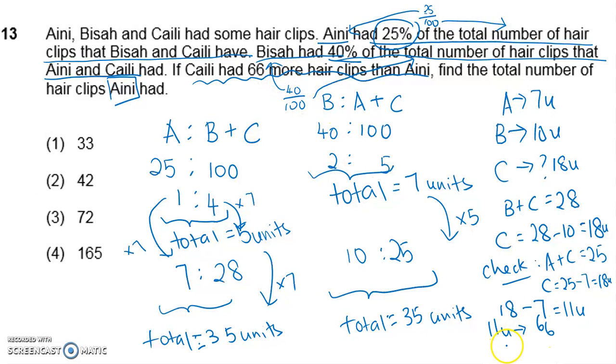We know that 1 unit is 66 divided by 11, which is actually 6. Now, I want to find how many clips Aini has. Aini has 7 units. So it's 7 times 6 equals to 42. My final answer is 42. Okay, sorry for the mess, but your answer should be number 2.